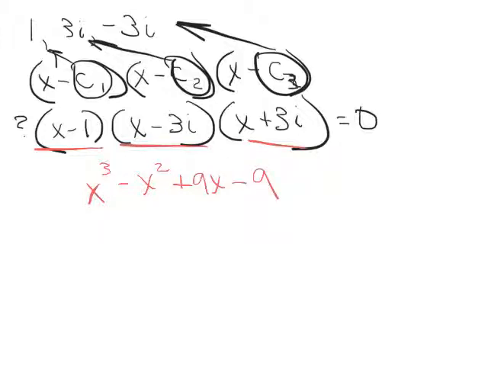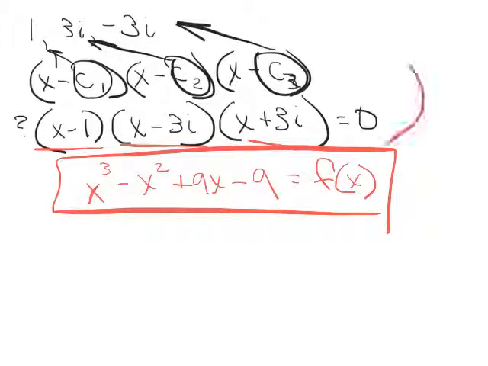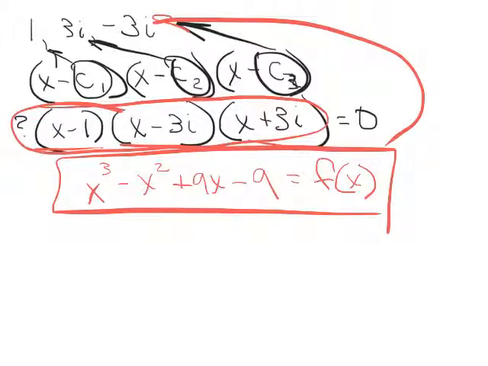Find a polynomial function, so I'm going to end it with an f of x because then it becomes a function that has these for its answers. So I just went backwards. I put these into 3 binomial factors, and then I did the FOIL method, and I ended up with that I have squared out in red there.